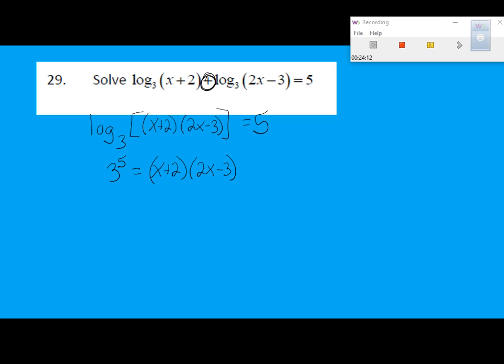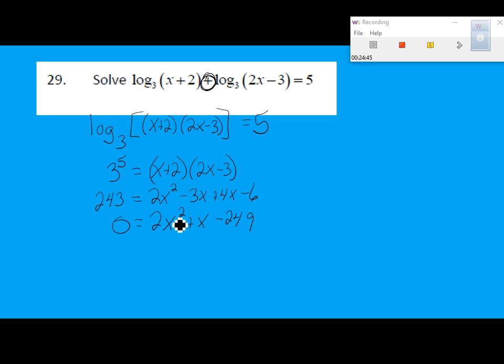If I start solving this, I'm going to have 3 to the 5th, 243, equal, we got to FOIL this part out, 2x squared minus 3x plus 4x minus 6. If I keep going, I've got 2x squared plus x minus 249. Now we still have to solve this thing.